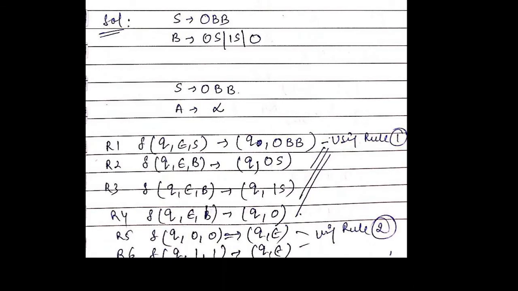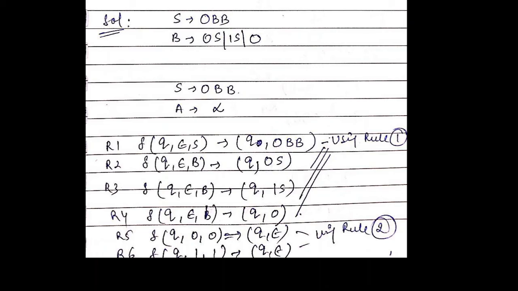We are left with one more production, B tends to 0. For that we write delta(q, null, B) = (q, 0). So it is very simple: for every production A tends to alpha, as prescribed in rule number 1, we write (q, null, A) tends to (q, alpha), where alpha is whatever is on the right-hand side.